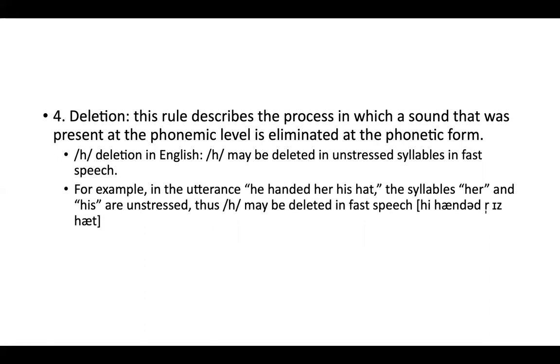For example, in the utterance "he handed her his hat," if someone is speaking really fast and we know that her and his are unstressed, the h sounds may be deleted from these two words. And so we say "he handed er is hat."